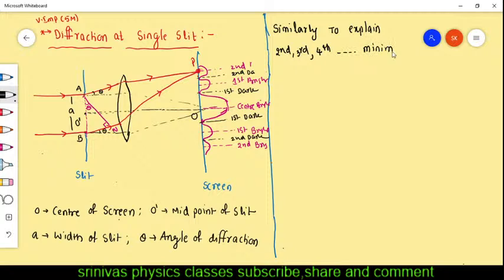I explained how the first minima forms, by splitting the slit into two parts. But if you want to explain the second minima, third minima, fourth minima, then you have to divide the slit into 2, 4, 6, and so on equal parts.